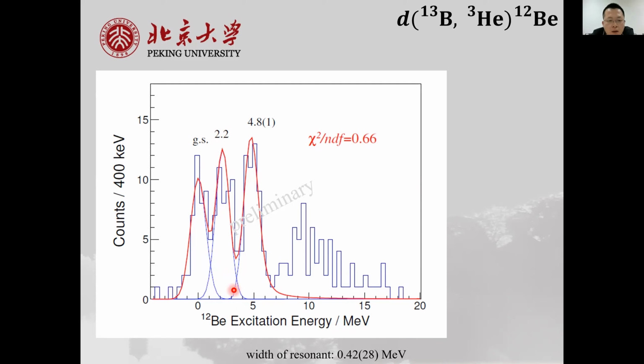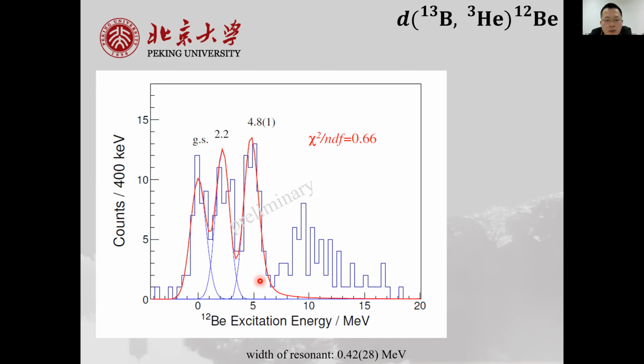And above the two-neutron separation energy of beryllium 12, we observe a very obvious peak around 4.8 MeV. This peak is fitted with a Breit-Wigner function convoluted with a Gaussian resolution function.